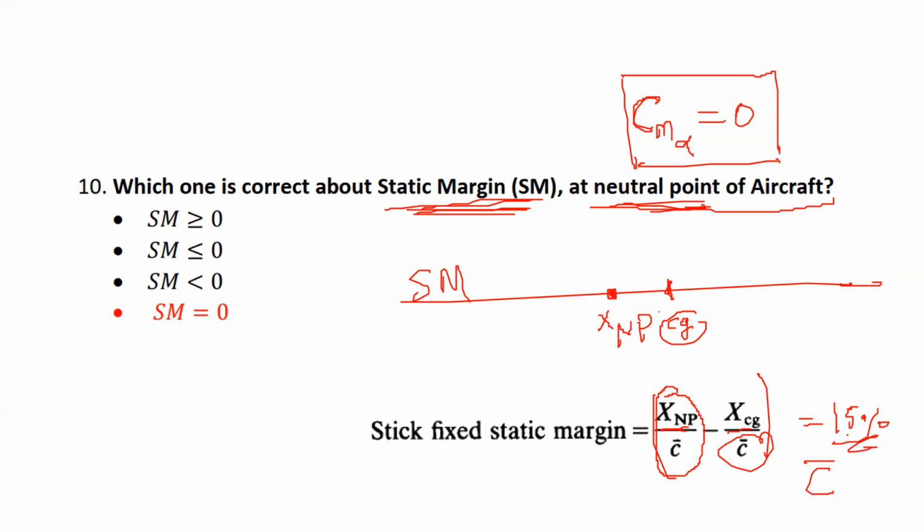If aircraft is fuel empty, there is no fuel on board in the wings, even then you will have like 15% of mean chord length between the neutral point and the CG. So the idea is, even if your aircraft is empty, it is stable aerodynamically. So that is the answer for this question.